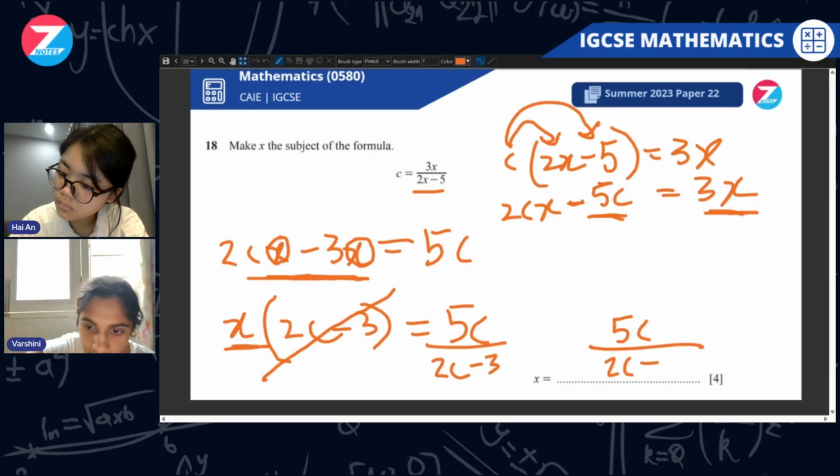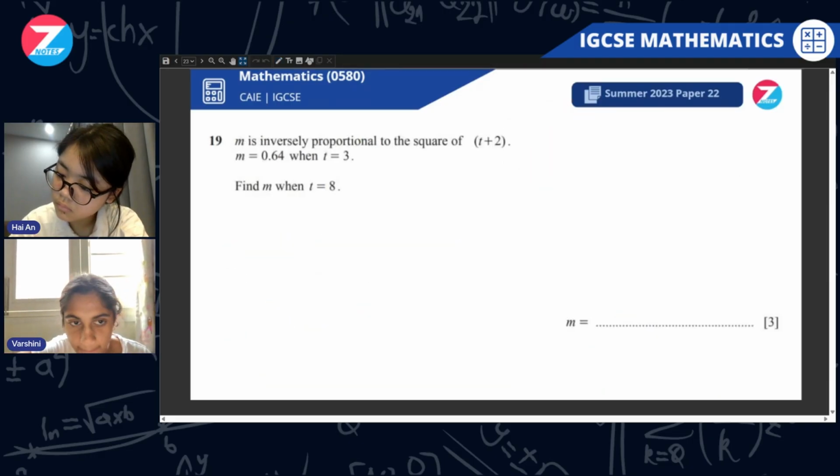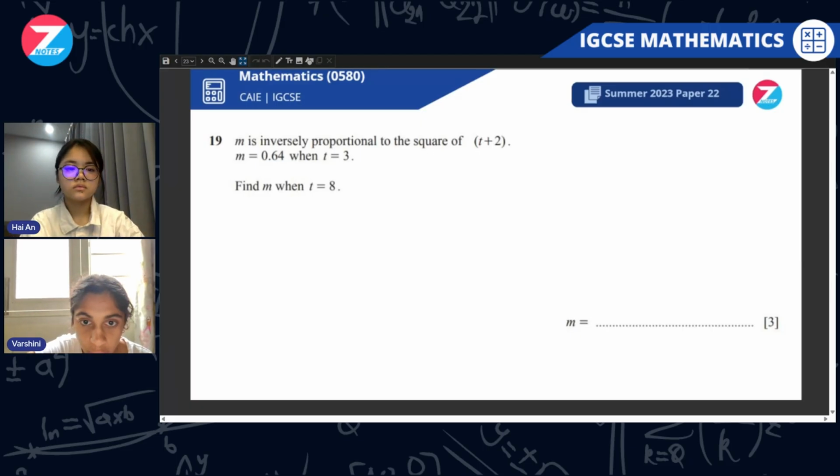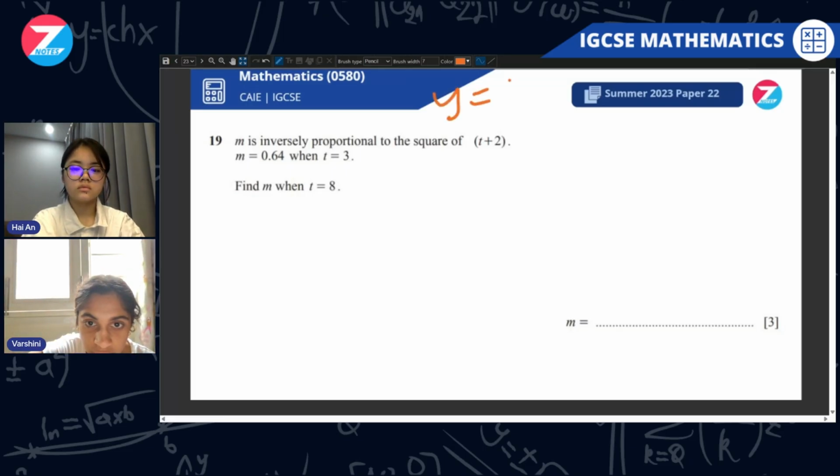Okay. 19. m is inversely proportionate to the square of t plus 2, and m is equal to 0.64 when t is equal to 3. And they want us to find m when t equals 8. So first we know that for any inversely proportionate, y is going to equal k divided by x.